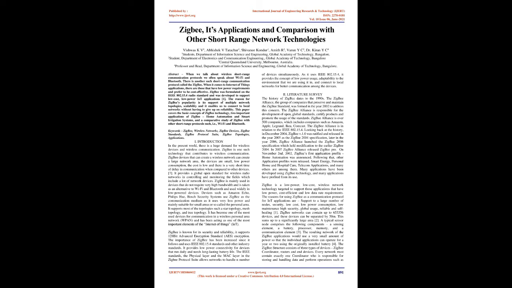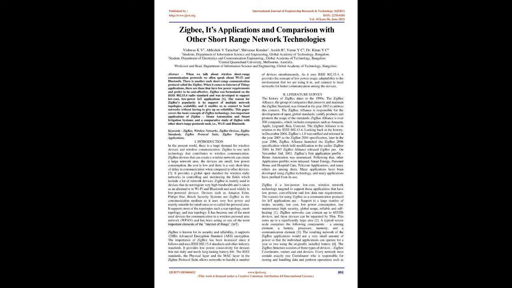It provides a global open standard for wireless radio networks in controlling and monitoring fields, which include a lot of network devices. Zigbee is mainly used in devices that do not require very high bandwidth and is taken as an alternative to Wi-Fi and Bluetooth and used widely in low-powered devices.